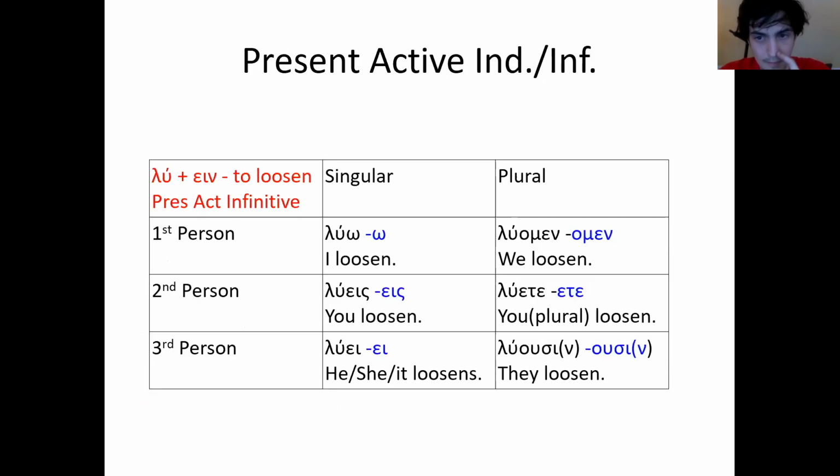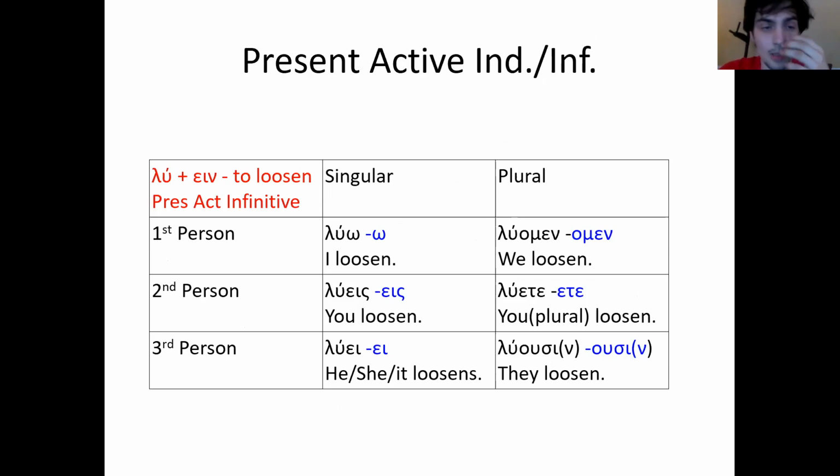So now let's get into some practice. If we remember these endings, we can take the words from the vocabulary in chapter 2. So if you happen to have your book, please open it up.